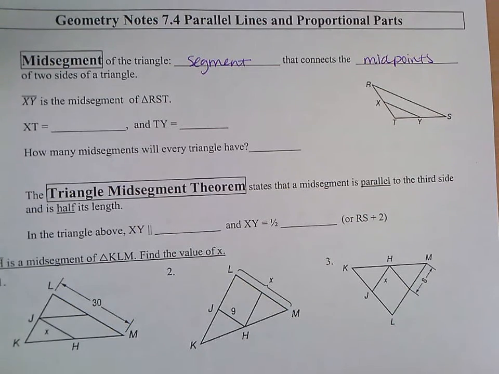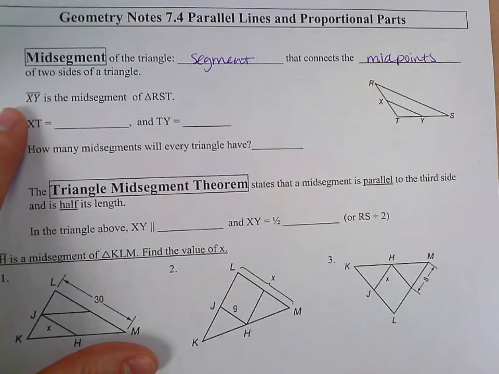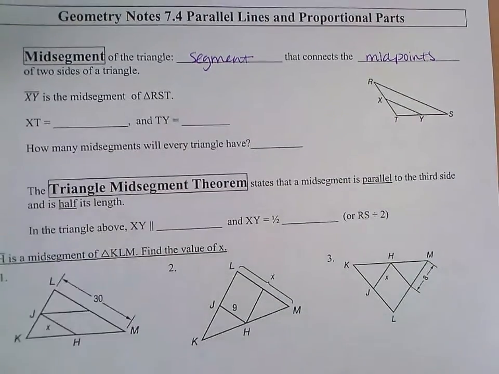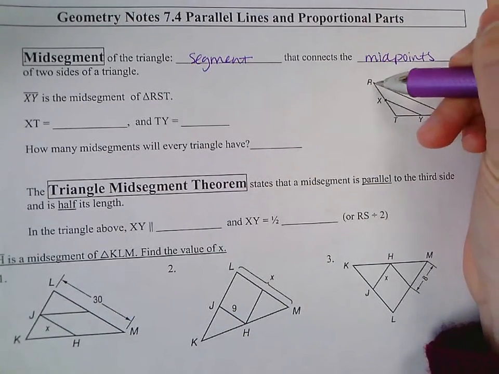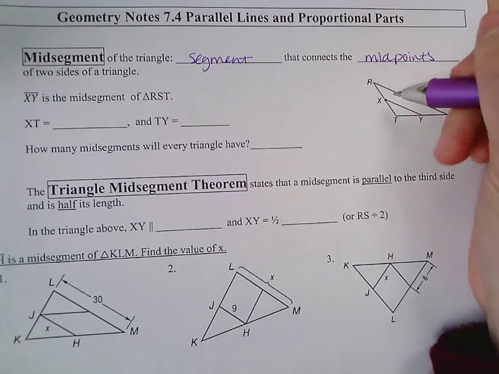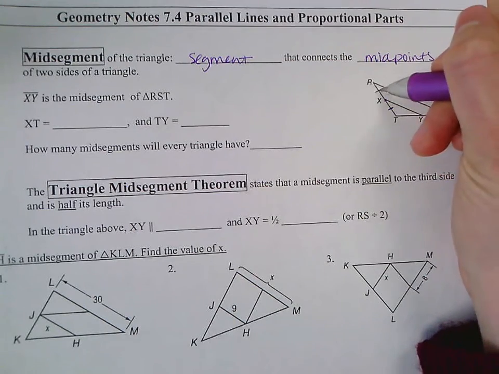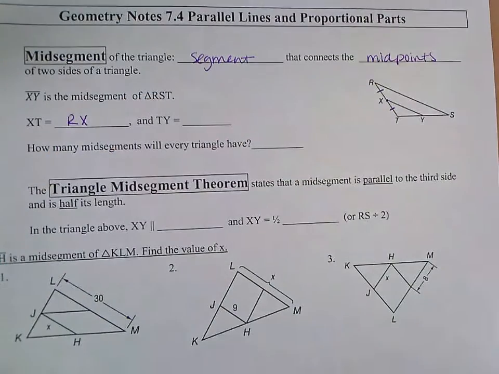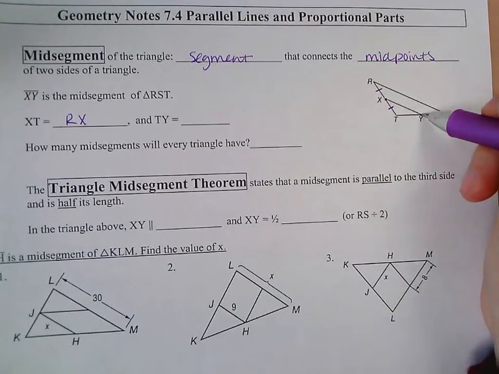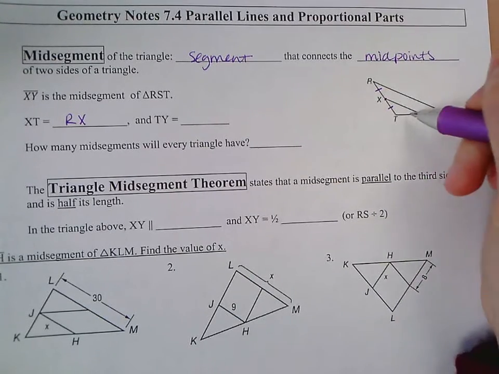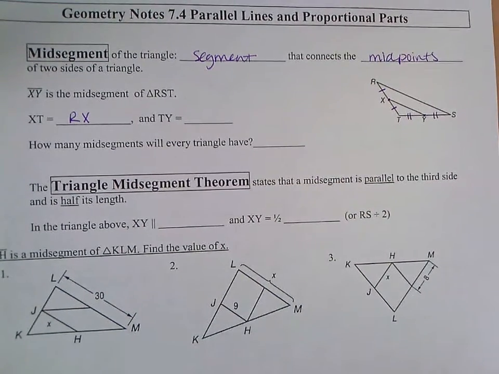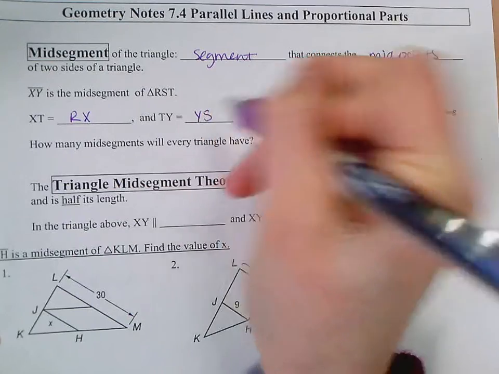So it says there XY is the mid-segment of triangle RST, so of the large triangle that you see, and that means X would be the midpoint of the side RT, so XT and RX would be congruent segments, so XT would equal RX, or you could call that XR, and then that means Y is the midpoint of the side TS, so TY and YS, or SY, would be equal as well.